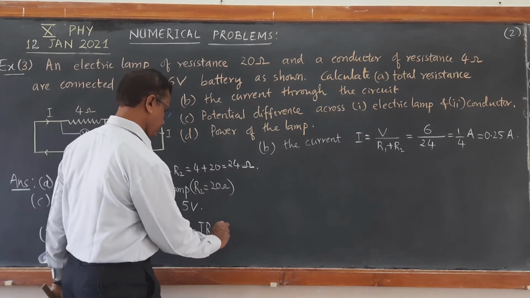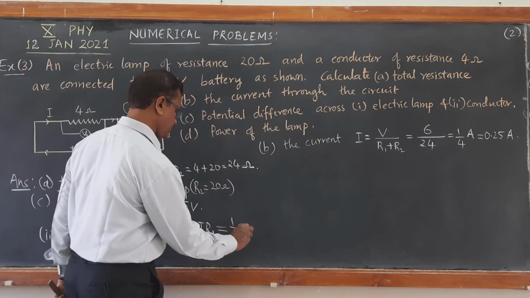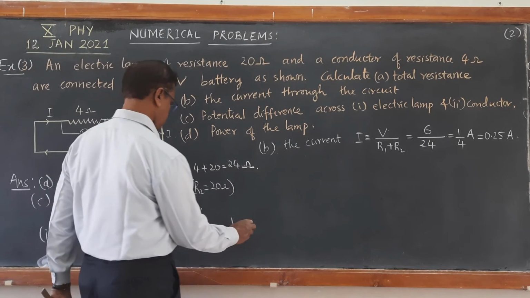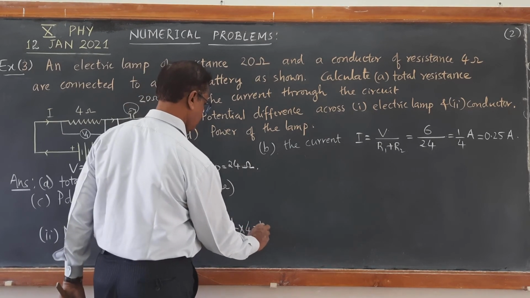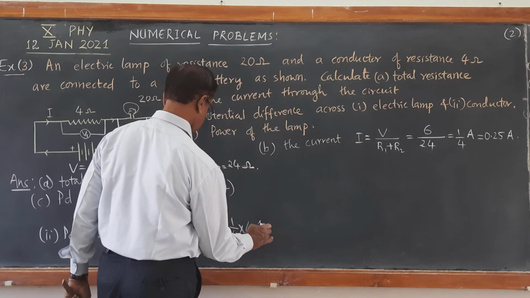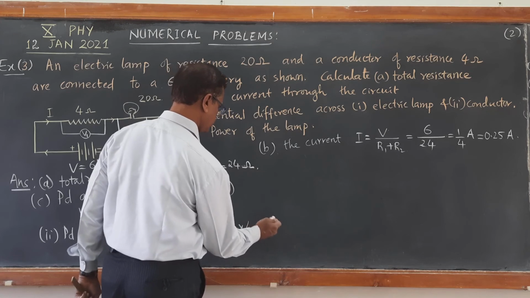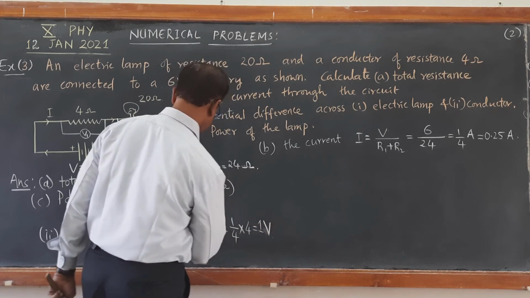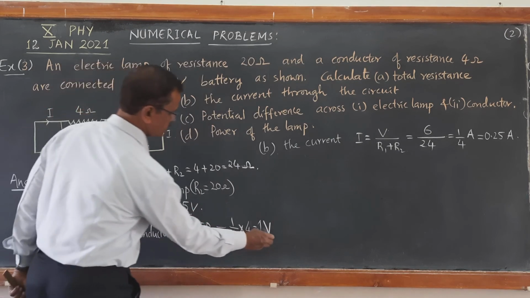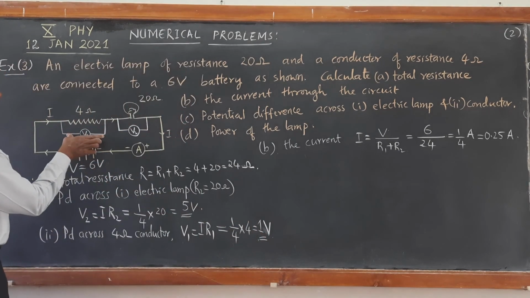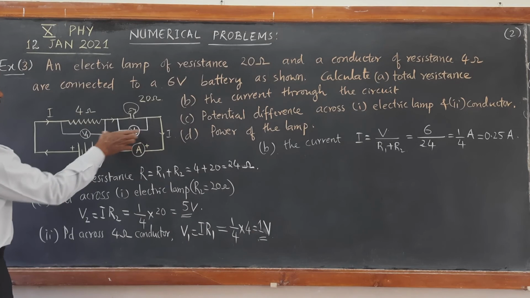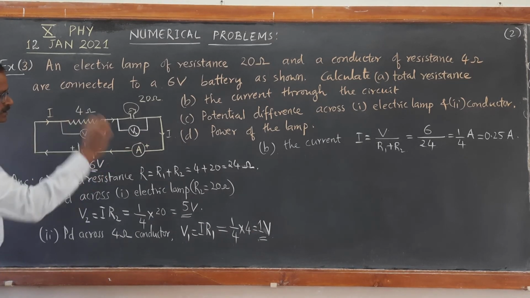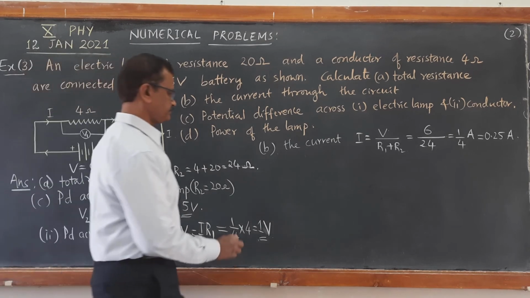So the same current flows, therefore 1 by 4 into resistance. R1 is 4, therefore it becomes very simple, 1 volt. Therefore you can just verify 5 volt plus 1 volt gives us 6 volt. 6 volt battery, right?